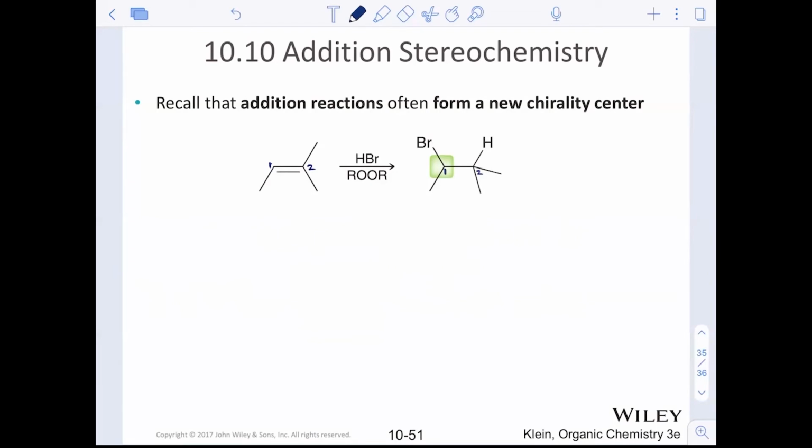And so therefore, we do understand that this would be a racemic mixture. Notice carbon 1 is chiral, carbon number 2 is not. I do not need to show stereochemistry if I don't have a stereo center. And so therefore, we would just see these 2 products.